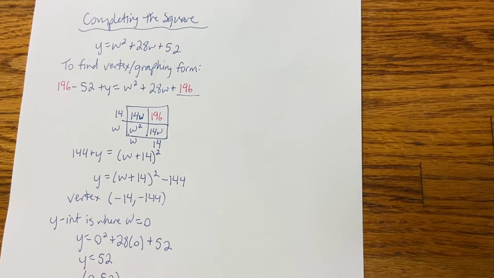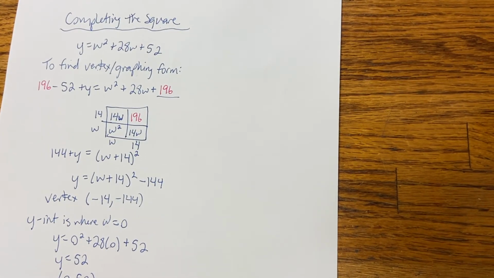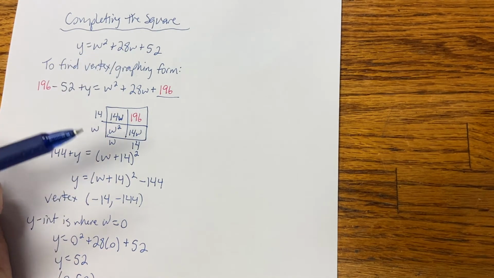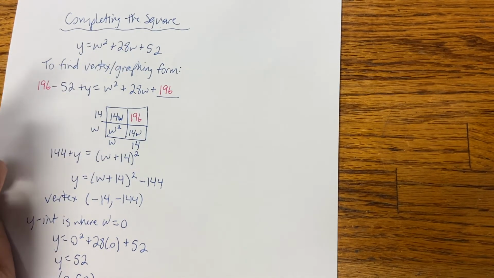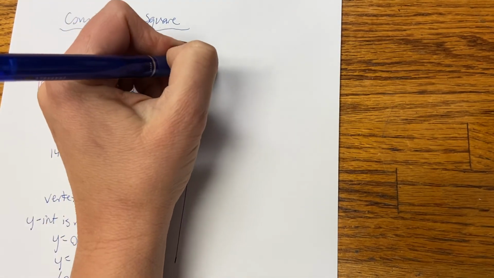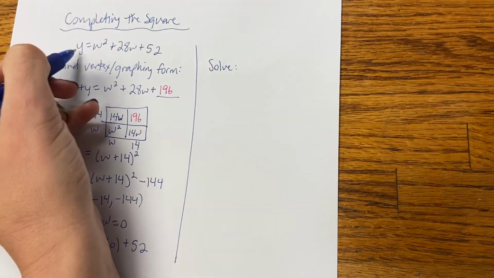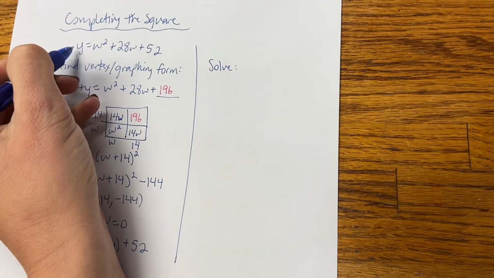Now we're going to use completing the square to solve this quadratic. And remember, solving it means to find the x-intercepts, or in this case, since they've given us w's, the w-intercepts. And so for this problem, remember, to solve means to find the x-intercepts, in that place y is 0.